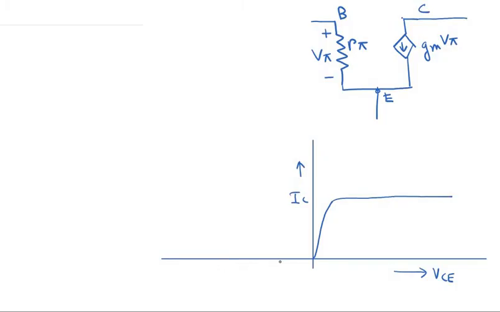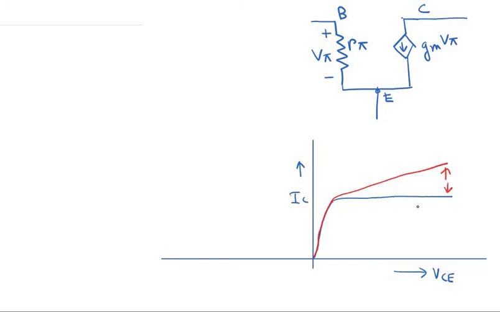Now we have seen that due to base width modulation, or early effect, the collector current is not exactly constant with the collector to emitter voltage, but increases slightly with it. A more practical graph of VCE versus IC is of this type. Here again I repeat that I have exaggerated this increase in collector current.